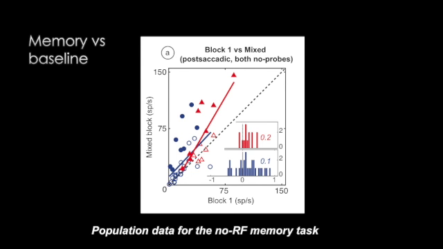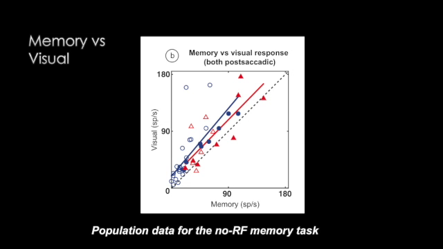And if you do this kind of analysis where the x-axis is the baseline, or when you're just sitting idle, and the y is when you're remembering things, you'll see that the activity is more on the memory side. And these are polyfit lines I put there to show you it switched the activity into a stronger activity on the y-axis. You can compare the visual and the memory response. They're almost equal, but the visual is stronger. Again, it's almost as if there is something there, but it's not there.